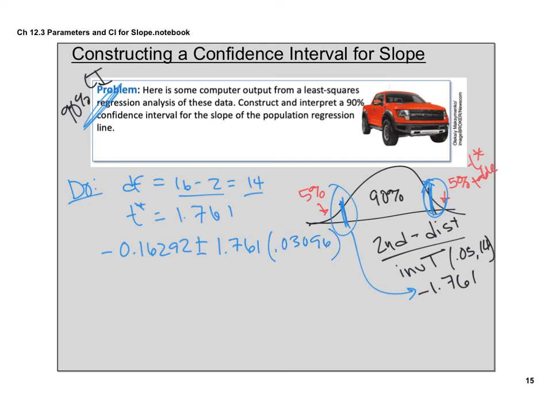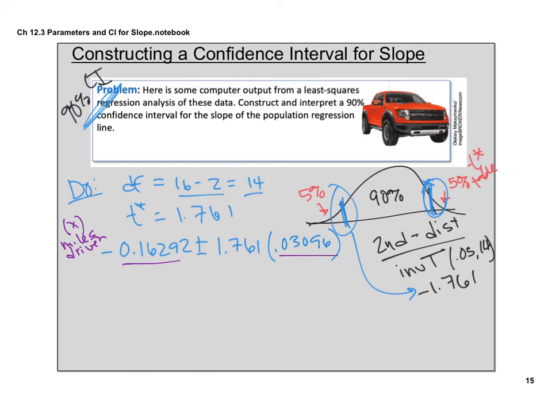These two values came from the miles driven row, which is the X variable in that computer output. The first one was negative 0.16292. That's the sampling distribution slope. And the other one is the standard error of that sampling distribution.